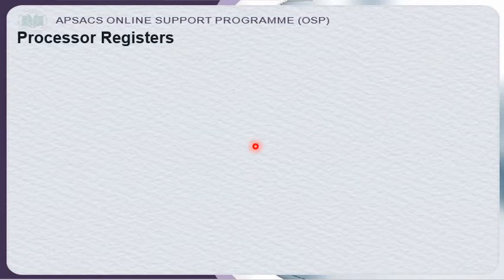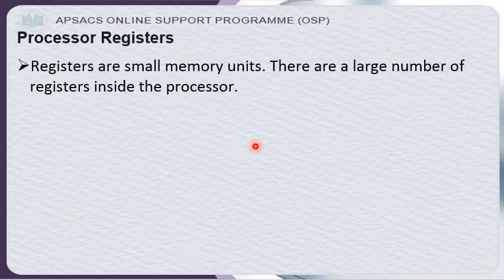Processor registers. What are registers? They are small memory, or we can say the smallest memory inside your computer, known as a register. They are available inside your microprocessor, or we can say inside the CPU, central processing unit.